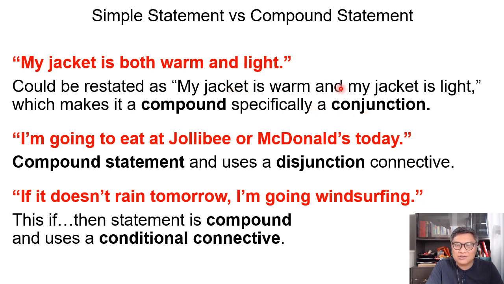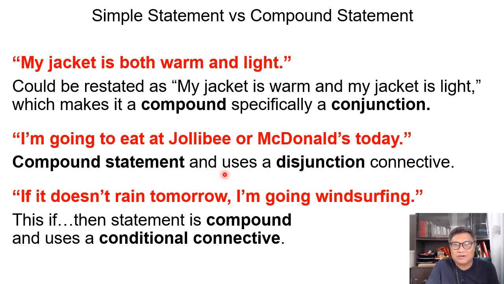Although it's awkward to read in this manner, like my jacket is warm and my jacket is light, it seems redundant. So sometimes we have to rewrite it in a way that is easy to understand. So my jacket is both warm and light. It's the same as my jacket is warm and my jacket is light.